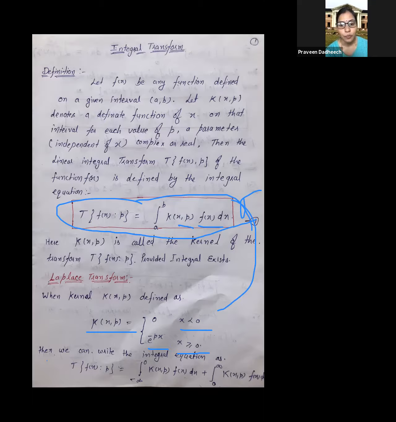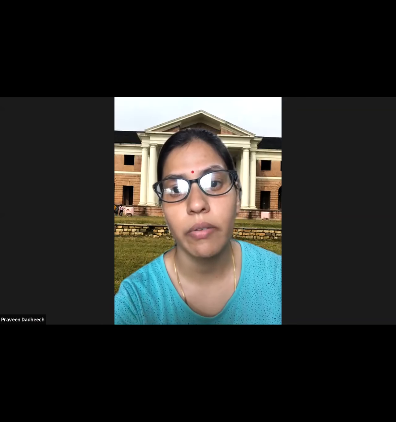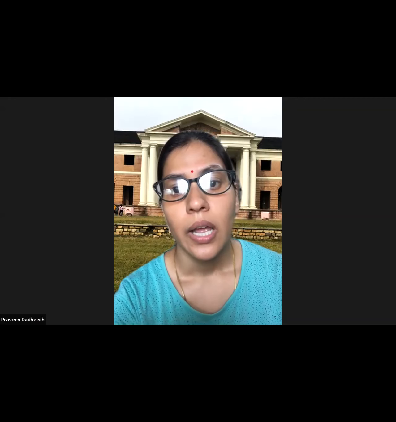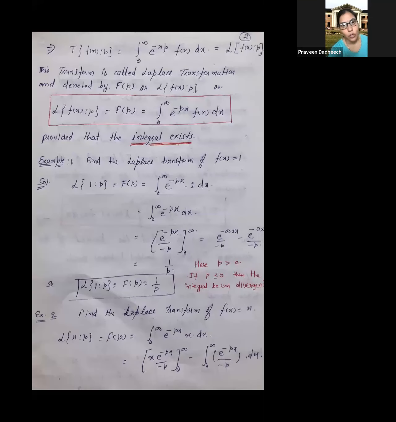Now it is clear that in the integration from minus infinity to 0, our K(x,p) is 0. From 0 to infinity, K(x,p) is e to the power minus px. So we can write it as the integral from 0 to infinity of e to the power minus px f(x) dx. This is defined as the Laplace transformation of function f(x), L of f(x).